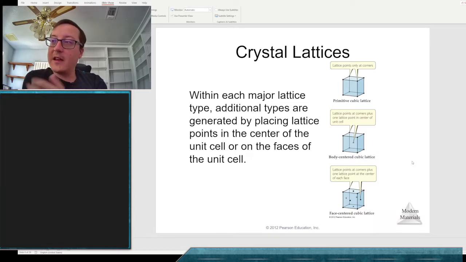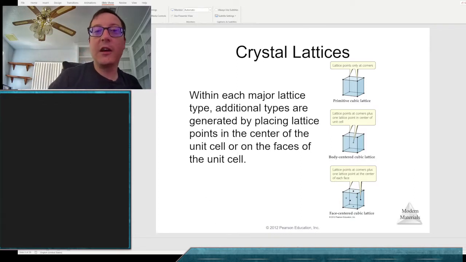With something like a face-centered cubic, we can take a look at some space-filling models. So let me just pop those open here so we can take a look at what those might look like. So these are terrible.